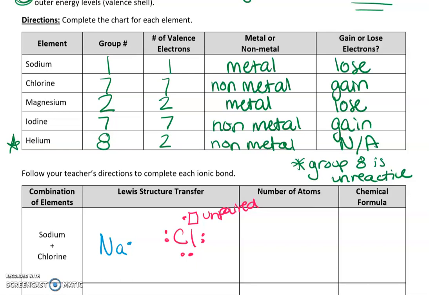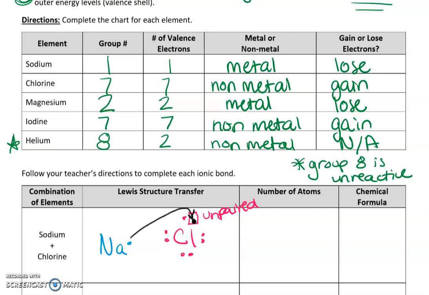So what is going to happen as an ionic bond forms is sodium is going to give up this 1 electron, and it's going to be given to chlorine and fill in that gap so that chlorine has a full valence shell and 8 valence electrons. Because sodium is losing this electron, it's losing a negative charge.